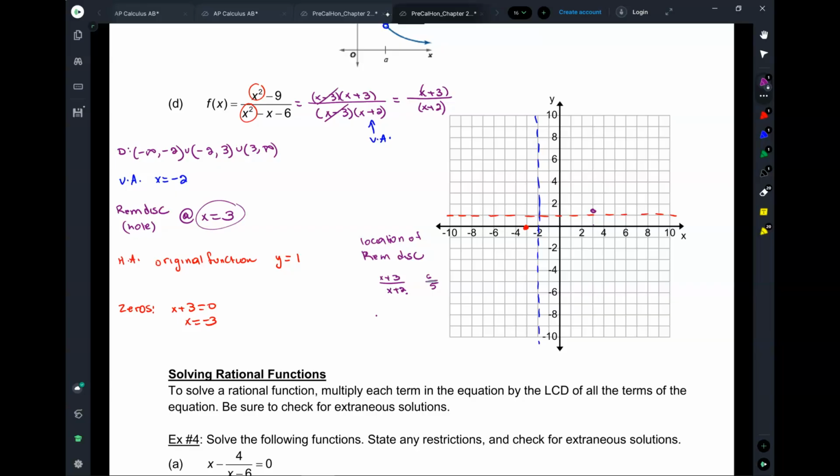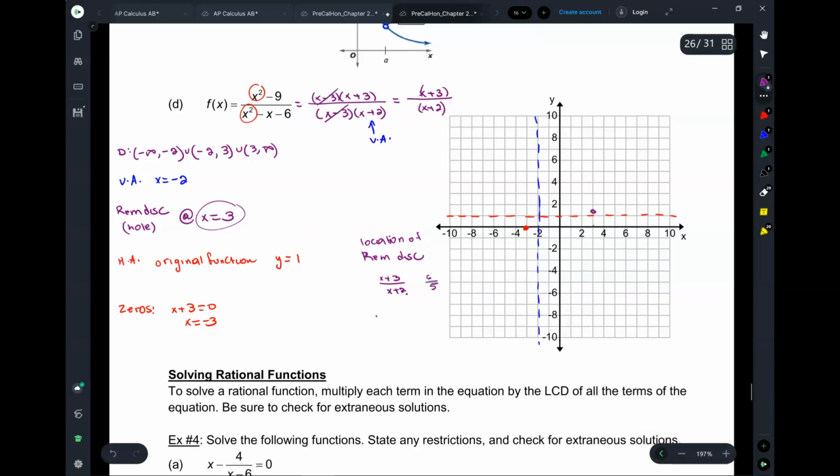So now, since the graph crosses the x-axis at x equals -3, this is going to look like this. And then it comes back from the opposite side. And there's a hole there, so it just touches it there and then moves on. Okay, so that's how we graph that one. And make sure this little hole is visible there.